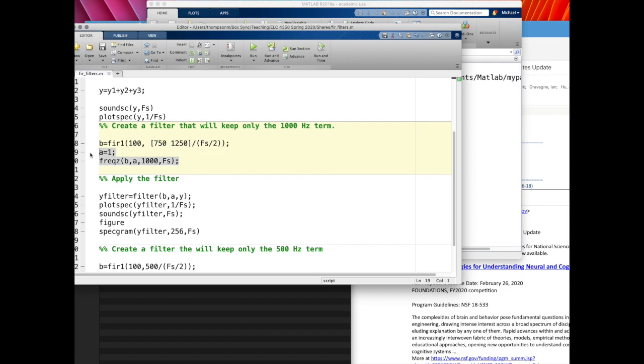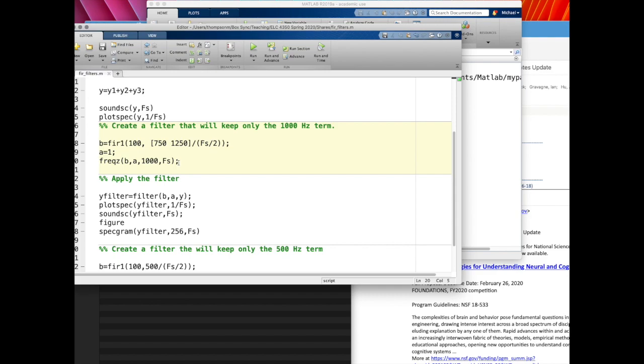And this lets us look at the freqz command, which lets us look at the frequency plot for this filter. So let's run that. The parameters are, you put in B, then A, and then how many samples of your plot you want.